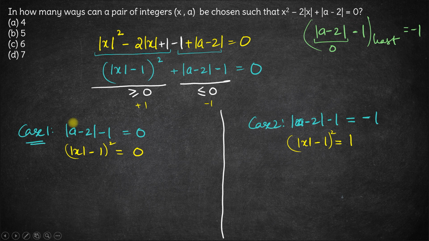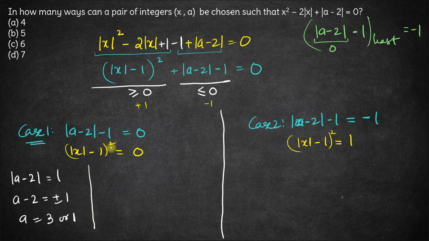Now let's solve both these cases. In the first case, if mod of a minus 2 minus 1 is 0, that means mod of a minus 2 is equal to 1. That means a minus 2 is equal to plus 1 or minus 1. So if we take plus 1, a is equal to 3. Or if we take minus 1, a is equal to 1. So a is either 3 or 1. And in this case, mod of x minus 1 whole square is 0.